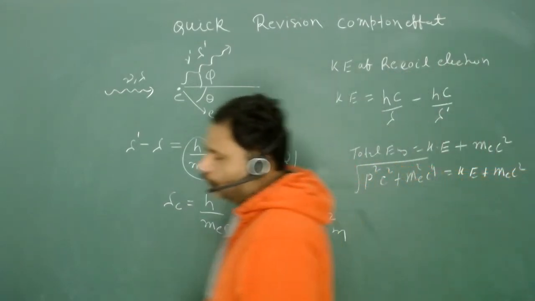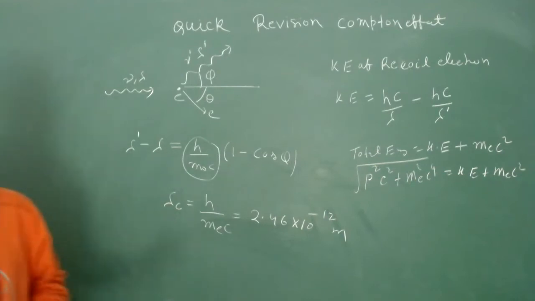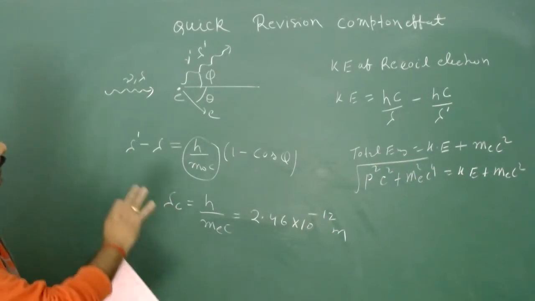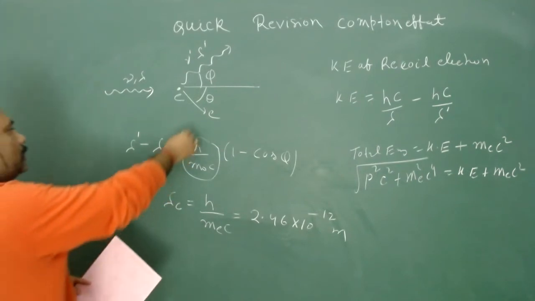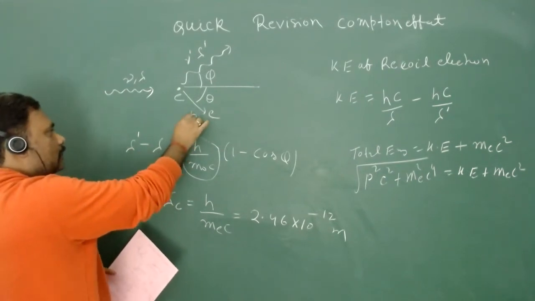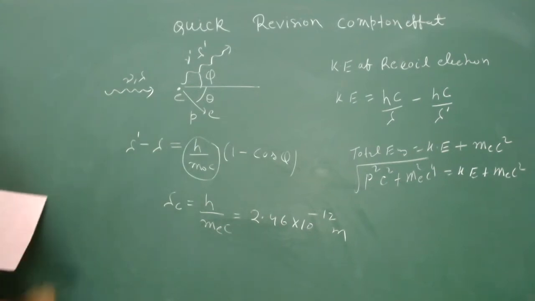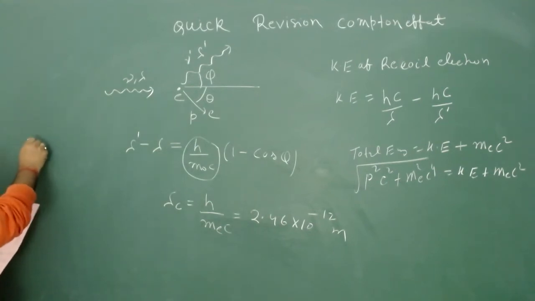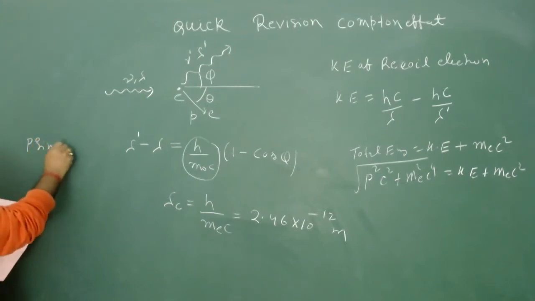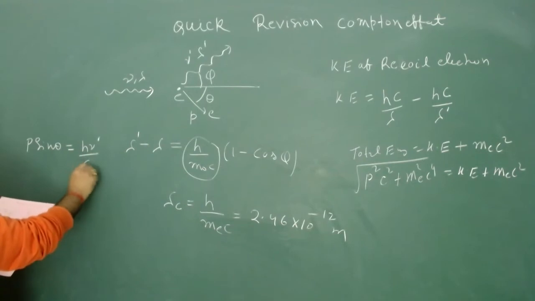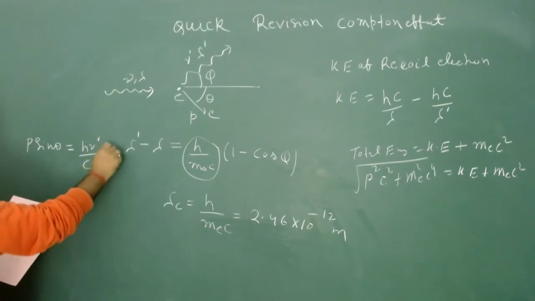And also you can remember the conservation of momentum formulas for the x-axis and y-axis. Suppose the electron is recoiling with momentum p, then you also have to remember this formula: p sin theta is equal to h nu dash upon c sin phi.